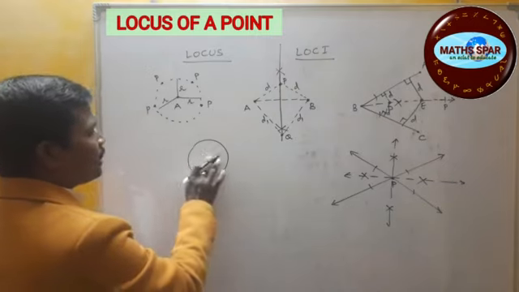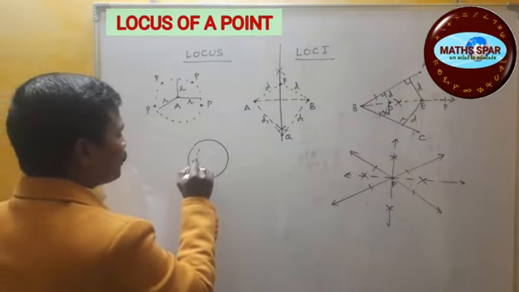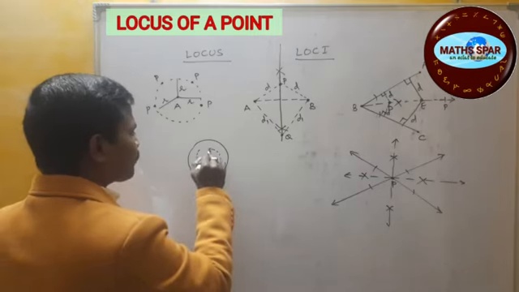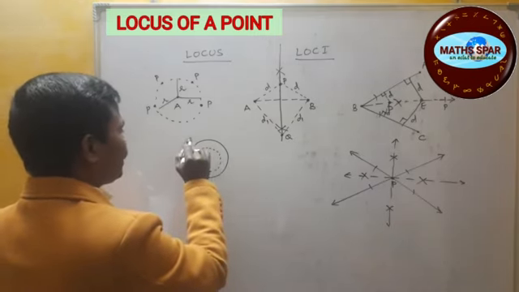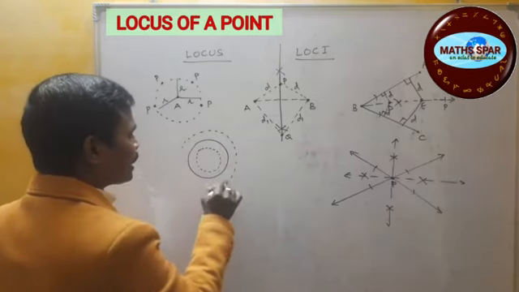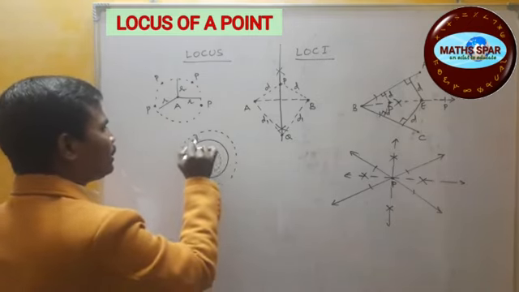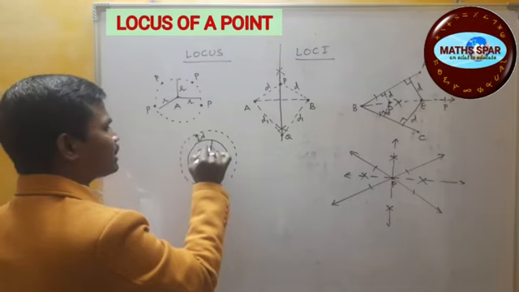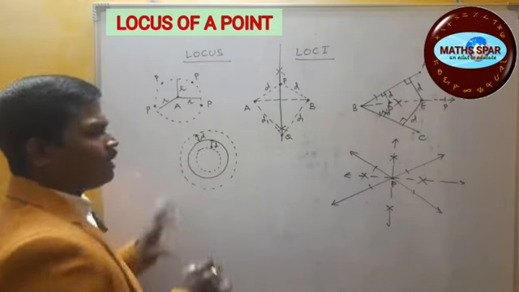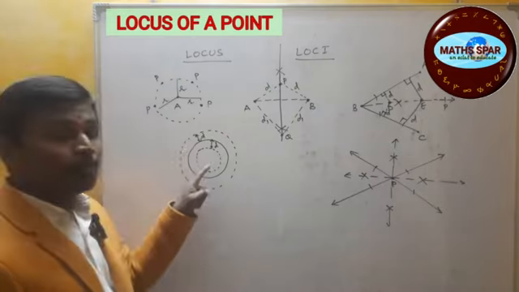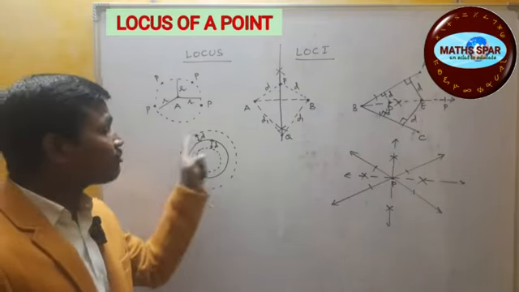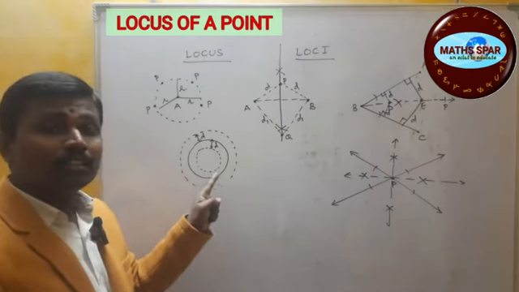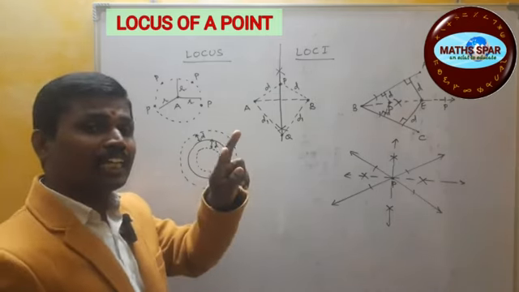No. It is a path which is traced inside the circle and outside the circle at equal distance. So the locus of a point that is equidistant from a circle is two concentric circles.